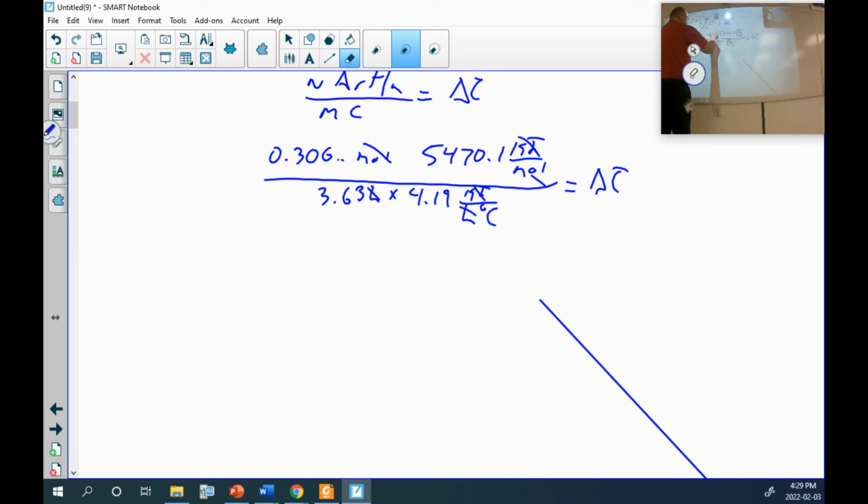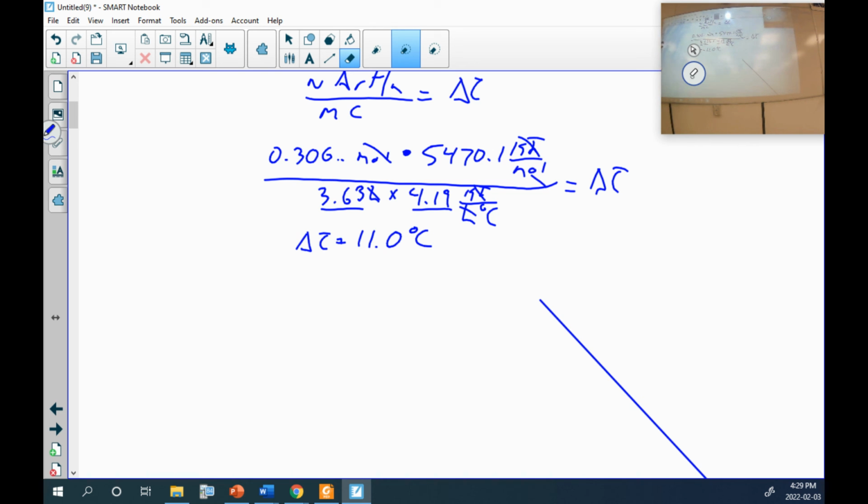Don't plug in that negative sign. Again, I'll talk about that negative sign in a second. I get a delta T of 11.0 degrees Celsius. 3 significant, 3 significant. So my overall temperature change is 11 degrees Celsius.